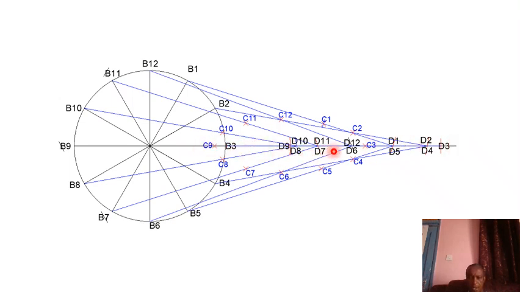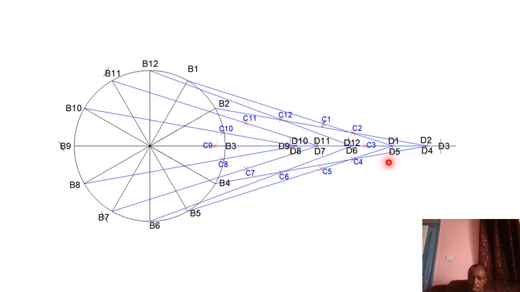You will find that B2 and B4 will strike at the same point on D. So D2 and D4 are at the same point, but D2 is on the upper side and D4 is on the lower side.